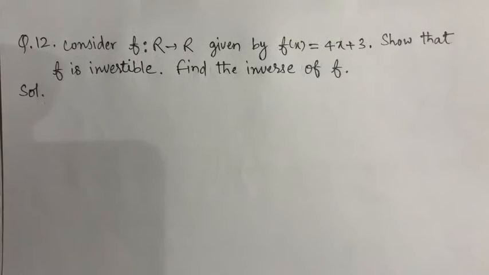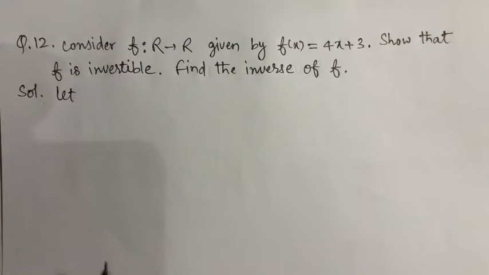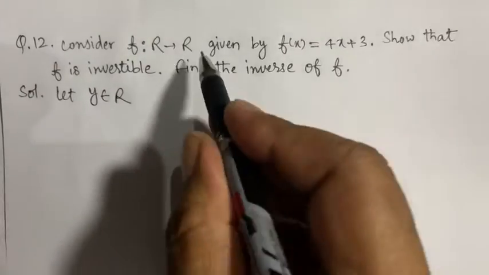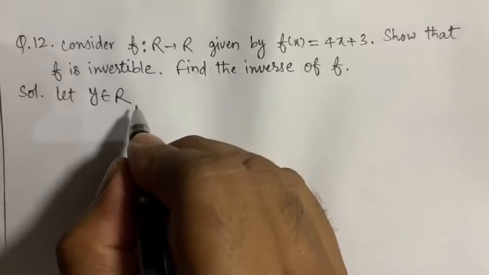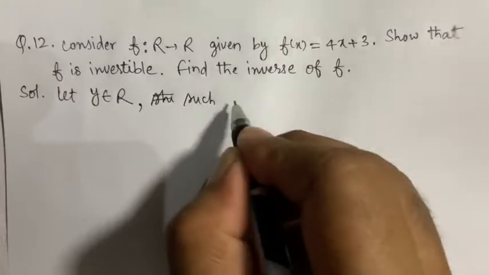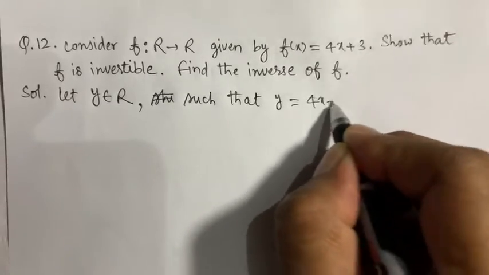Let us take second question for today. It is question number 12. Consider f from R to R given by f(x) is equal to 4x plus 3. Show that f is invertible. To show f is invertible, we suppose let y belongs to the codomain, that is R, such that y is equal to 4x plus 3.